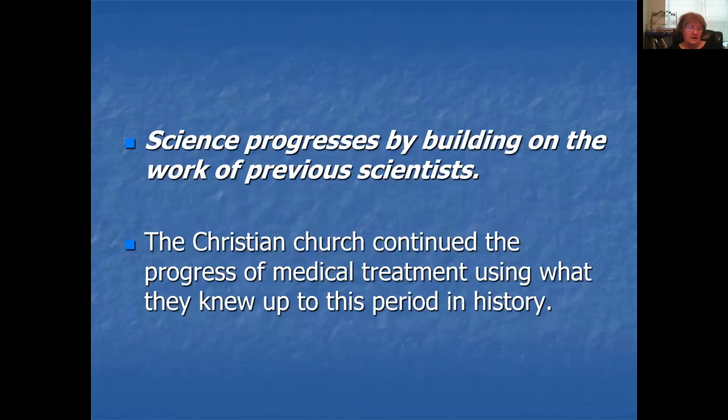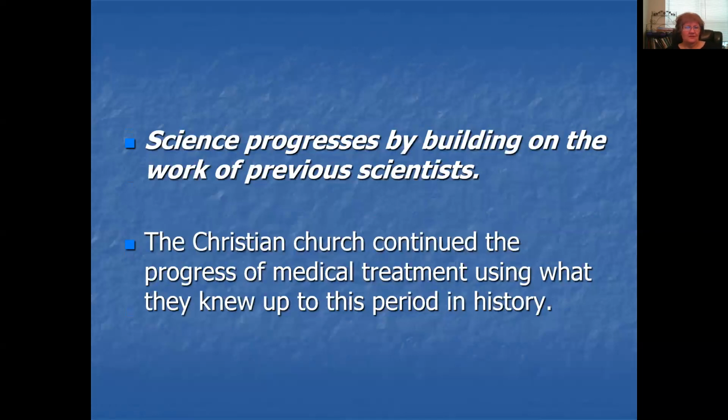Now, even during this time, if you read about the Dark Ages, the church actually set up hospitals. They weren't hospitals like you think of today, but they did attempt to help people, right? The church really is the one who began hospitals.